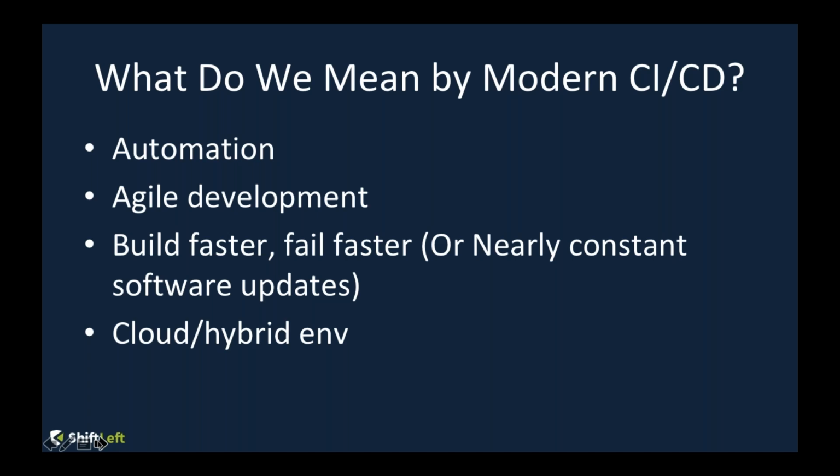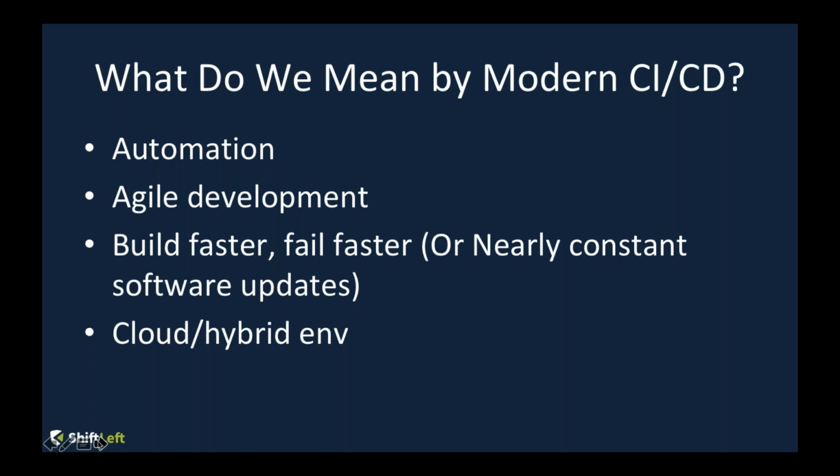Agile development is being able to iterate faster, with developers able to focus on building new software and new changes. Being able to build faster and fail faster. Ultimately, the developer changes have to be validated by creating a build and running automated tests against that build.